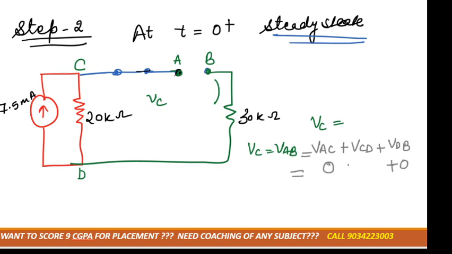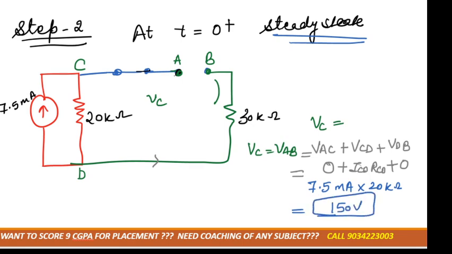VDB is also 0, because is there any current flowing across 30 kilo ohm? No. So VCD we can consider ICD multiplied by RCD. So again we got the same value. ICD is 7.5 milliampere multiplied by RCD is 20 kilo ohm. That would be 150 volts, right?